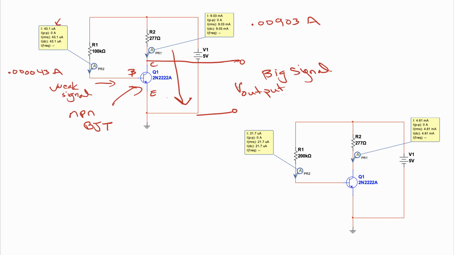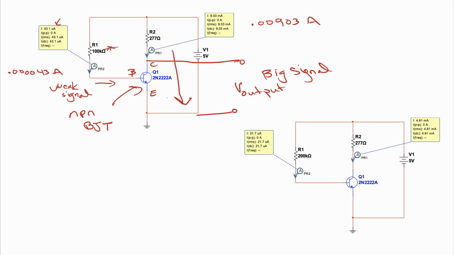And if I change this resistor here, this one right here, and make it twice as big, I went from 100,000 ohms to 200,000 ohms. The current went down in half, so 21 microamps, and the output went down.